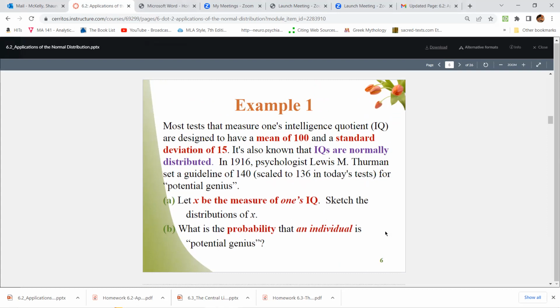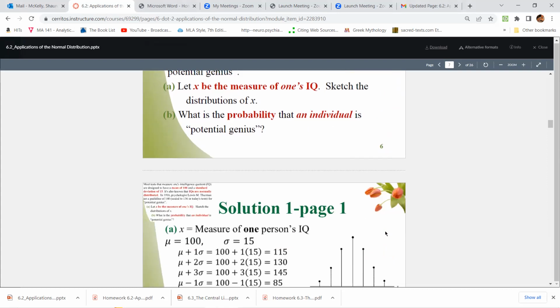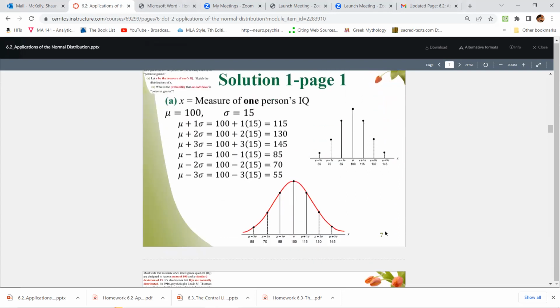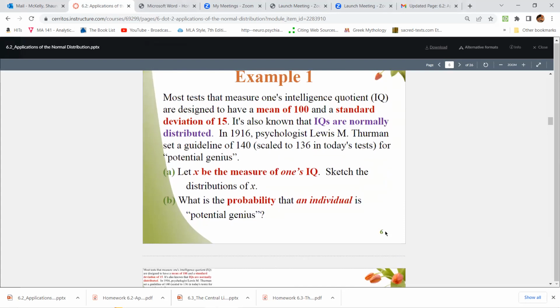So we're given the mean, we're given the standard deviation, and we want to sketch the distribution, which just means show us what the curve is going to look like, and what is the probability that an individual is a potential genius. A potential genius, I should keep reading.